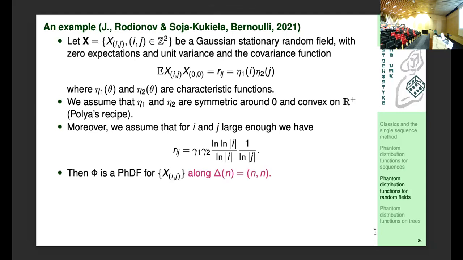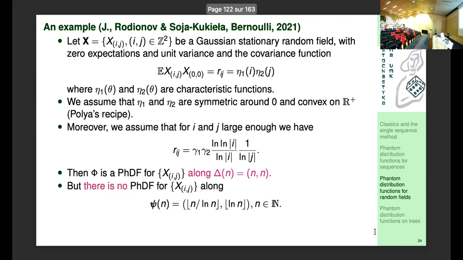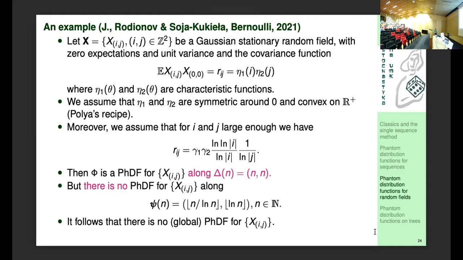And then it appears that for this stationary random field, the standard normal distribution is a phantom distribution function for X_ij along the diagonal. But there is no phantom distribution function along such a monotone curve. So this means that there is no global phantom distribution function for this random field.